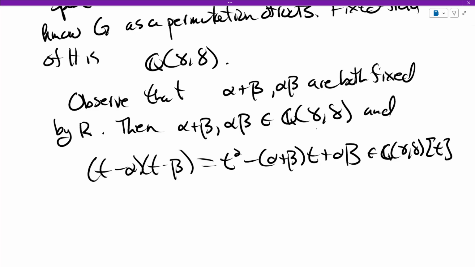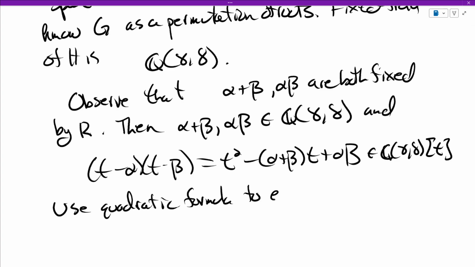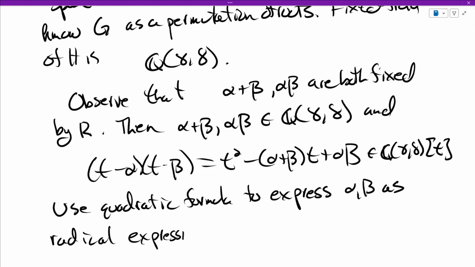Okay, so what we can do here is use the quadratic formula to express alpha and beta as radical expressions of elements in the field that we're working with, which is Q adjoined gamma and delta.